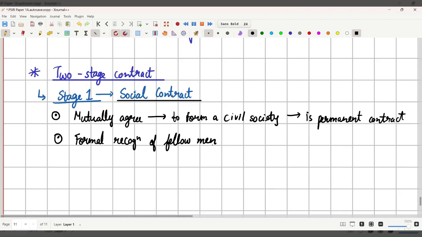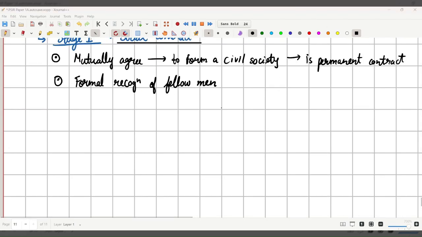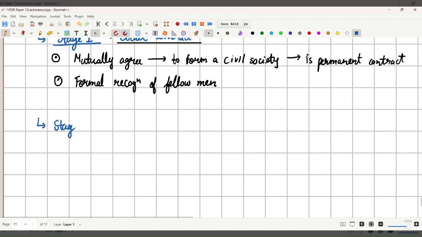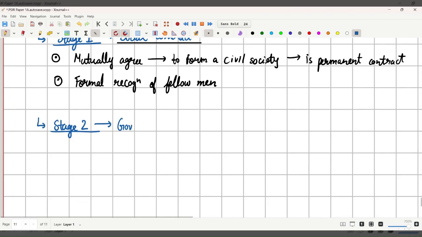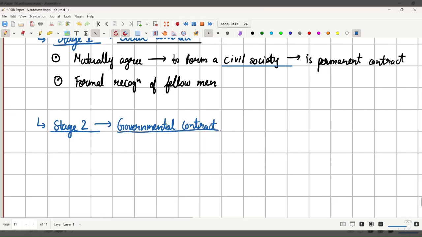Then comes stage two, which is basically the governmental contract. So what is a governmental contract?